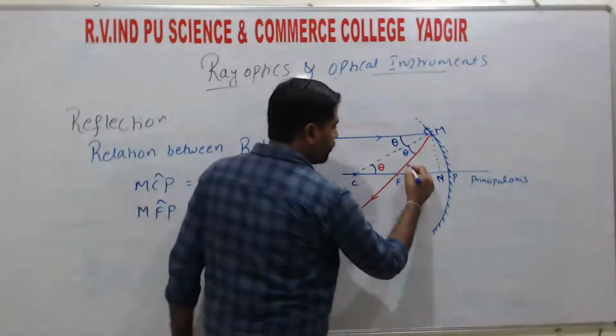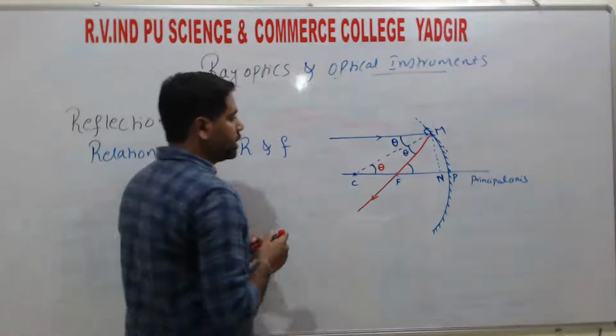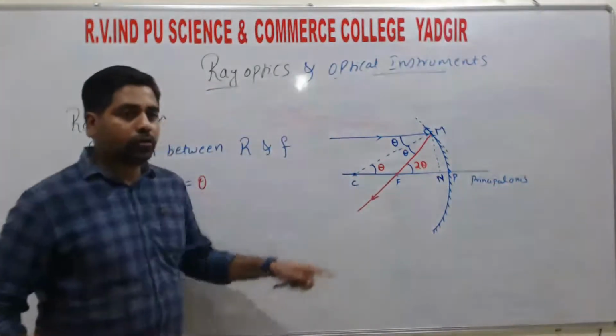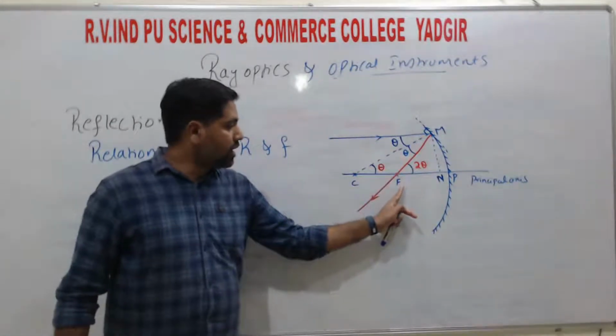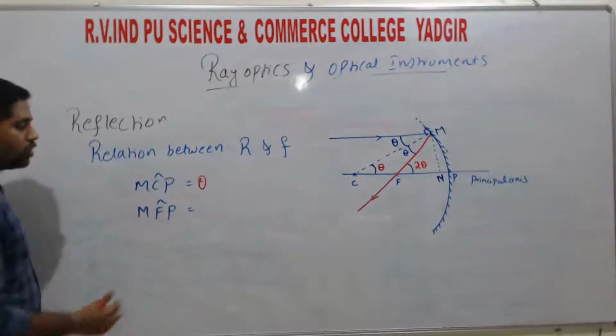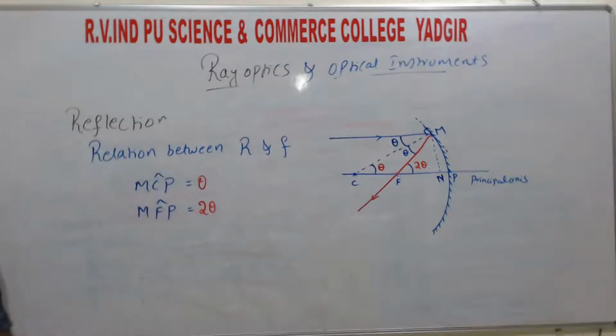Then here angle M is also equal to how much? That is equal to 2 theta, right? So the total angle M is theta plus theta. So for that reason angle F becomes 2 theta. So MFP is equal to 2 theta, right?